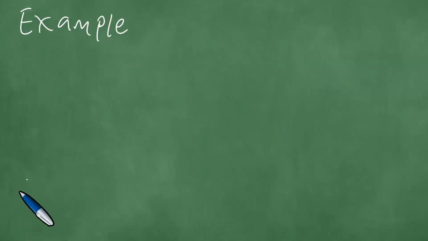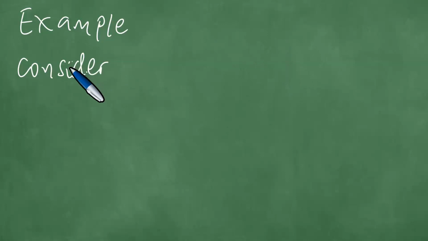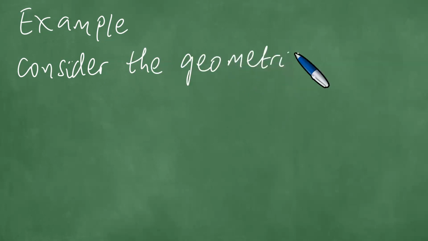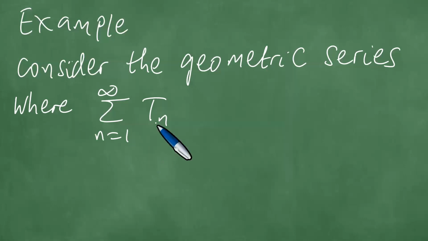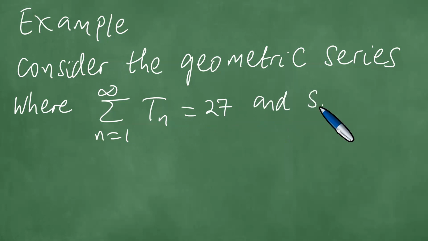In this example, we are looking at: consider the geometric series where T1 equals 27 and S3 is 26.